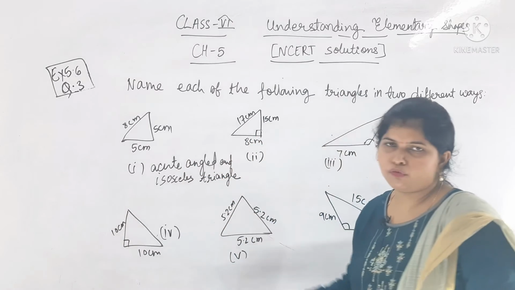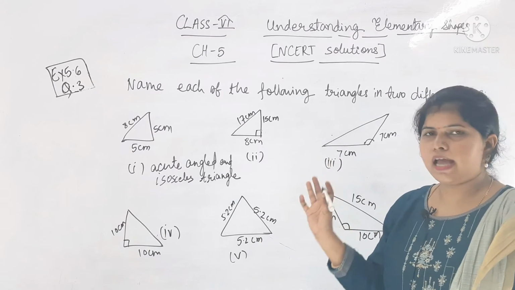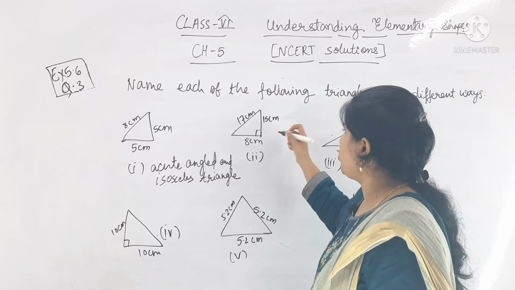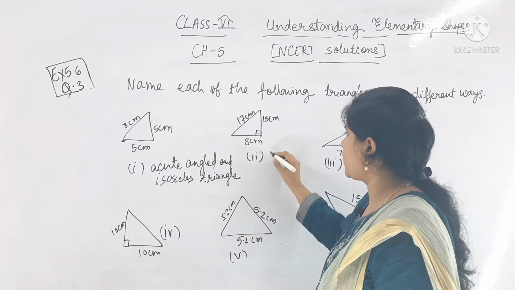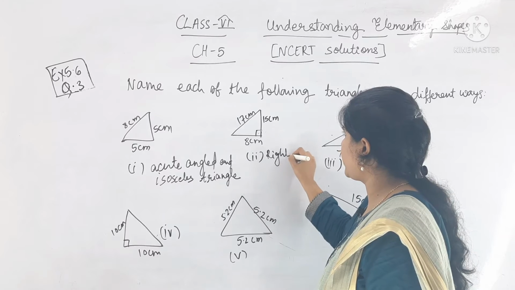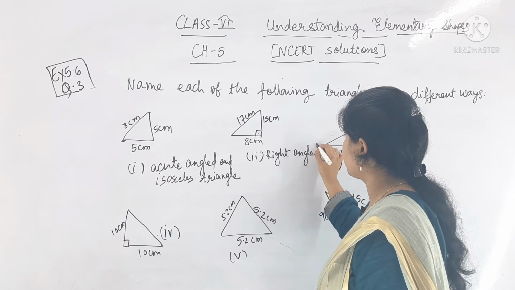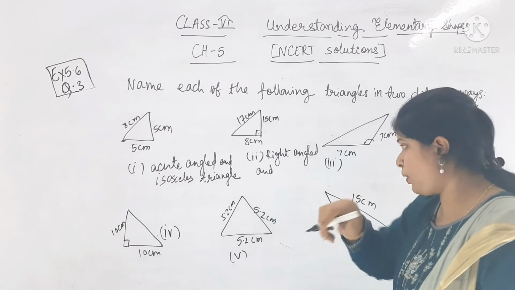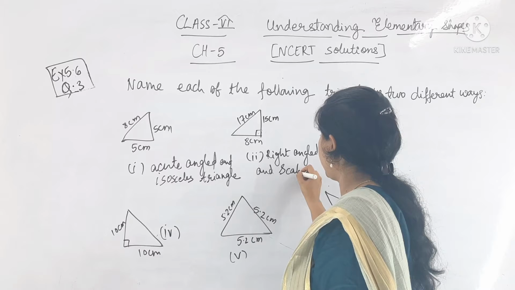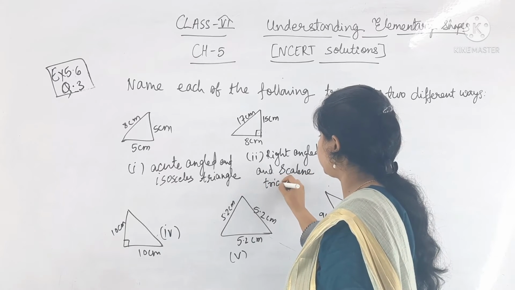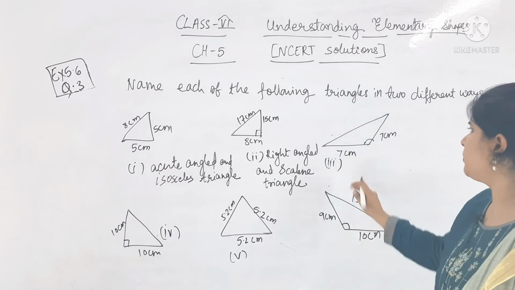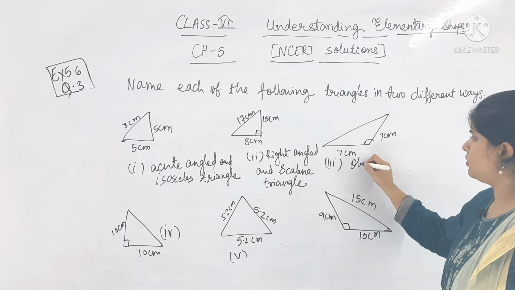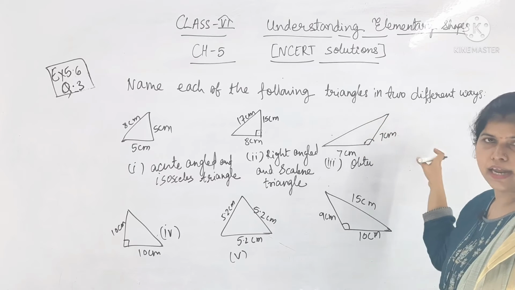Like this you have to say, one based on the angle and the other based on the side. Here it is right angle, so you can write right angle, and here all are different sides, so this is scalene triangle. Number third part, you can see this angle is obtuse angle, that is greater than 90 degree.